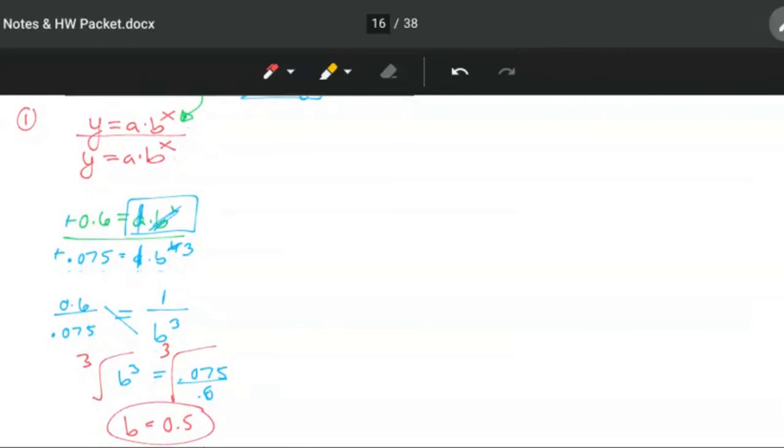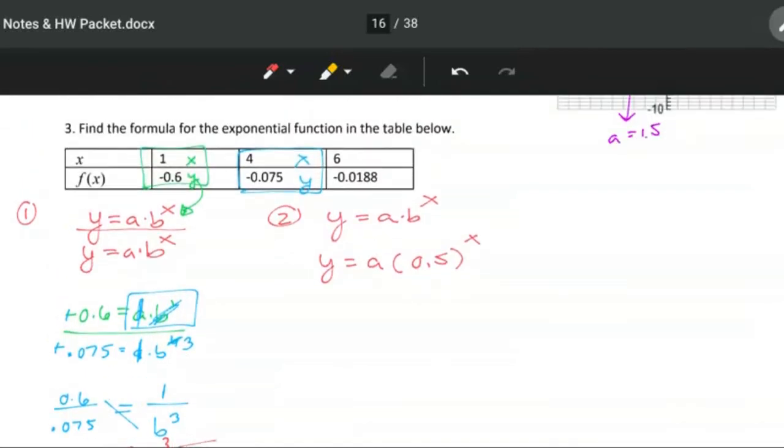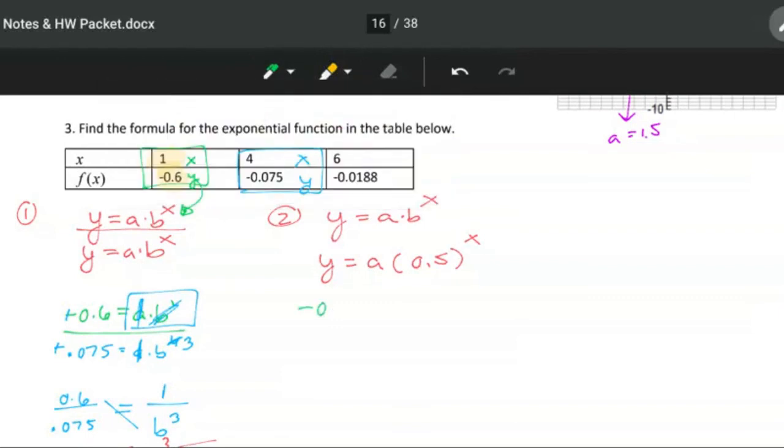Remember we're not done. We're looking for a function in the form y equals a times b to the x. Keep the end goal in mind. Think about where we are right now. We just found b. We got b is 0.5. So next we need to solve for a. So we need to once again use one of our points. I might use this first one right here for my x and my y. y is negative 0.6 equals a times 0.5 to the first power.